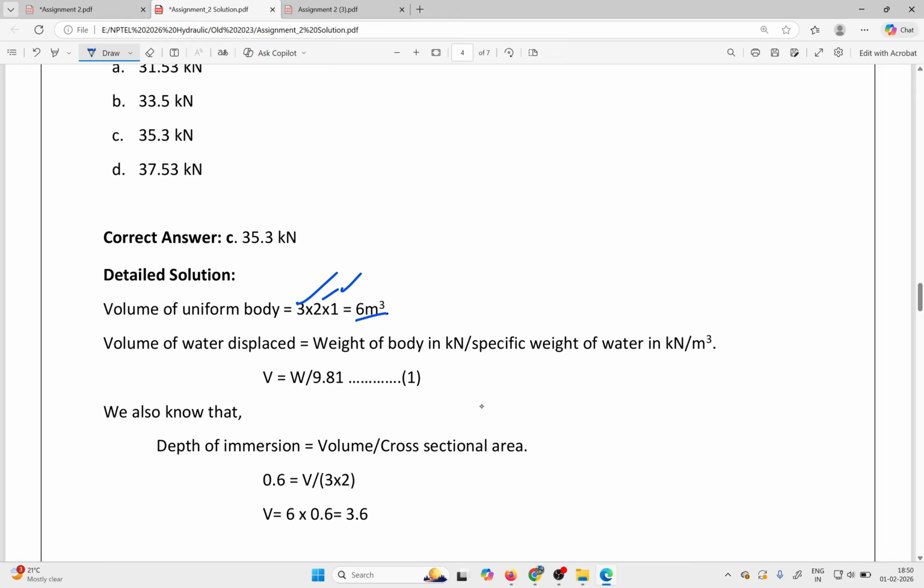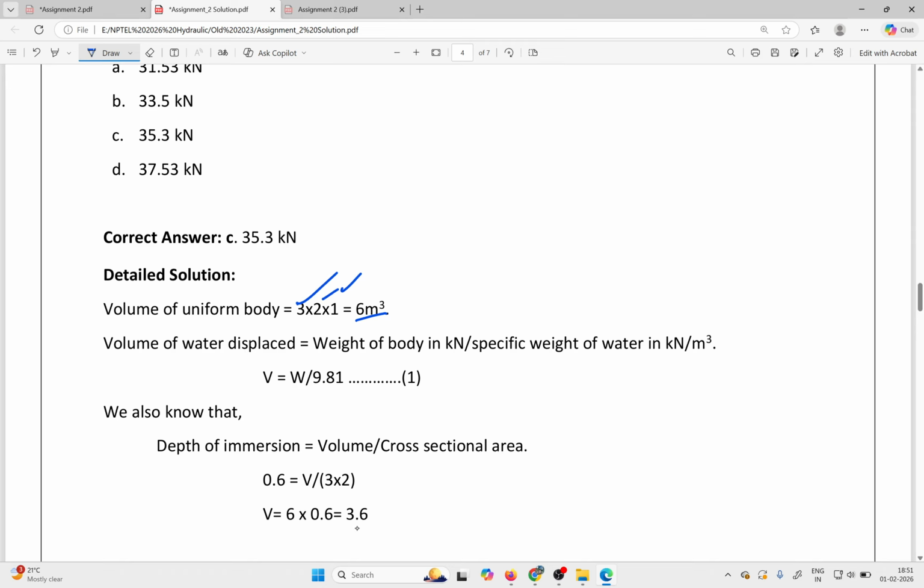If you put it here, we also know from your question that depth of immersion is equal to volume by cross-sectional area. So 0.6 is the depth, V is the volume, and 3 into 2.